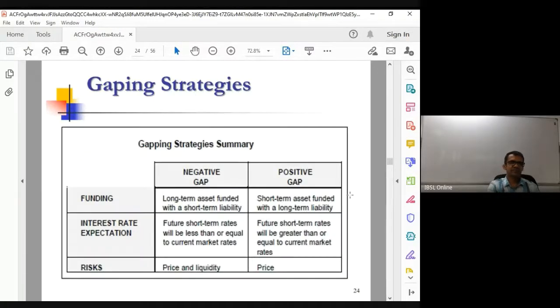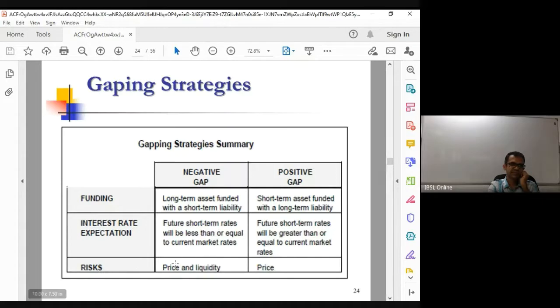So this slide summarizes what we discussed so far about liquidity risk and gapping. So again, to summarize, negative gap: long-term assets funded with short-term liabilities, expectation of the interest rates to go down.